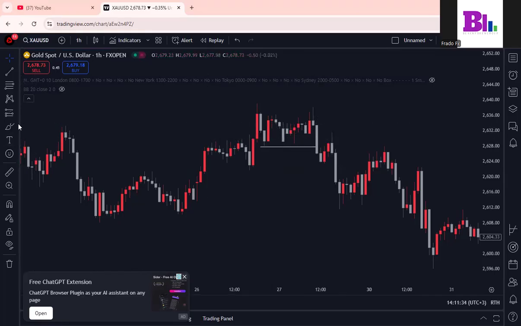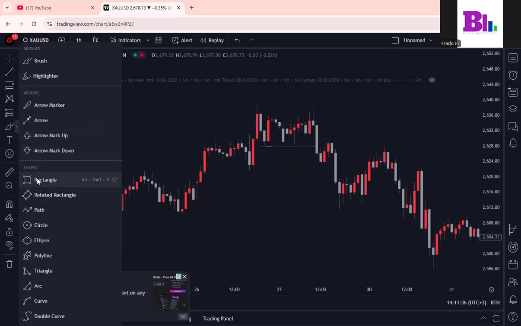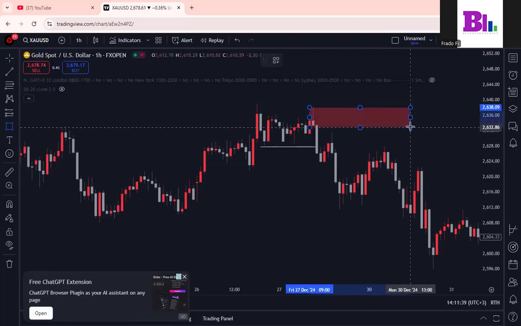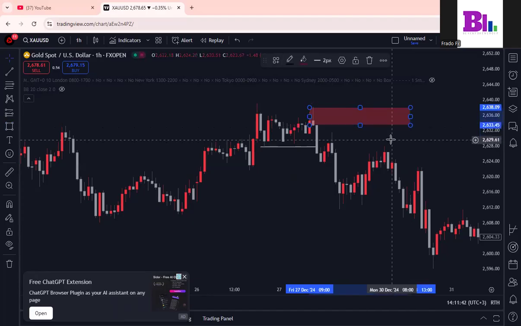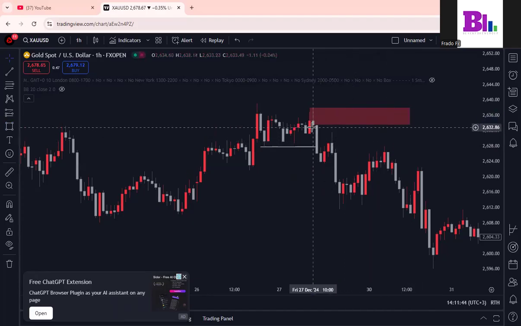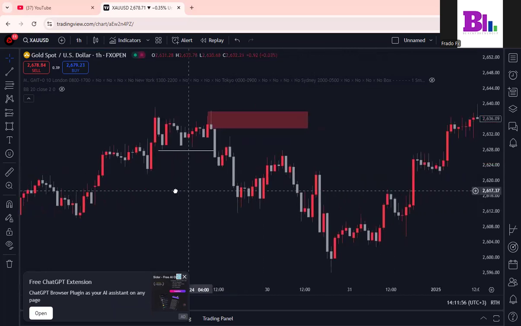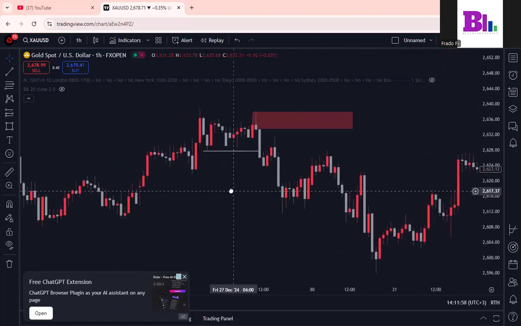Let me show you in a few seconds. This is the last white candle. Why? After this candle, you can see what happened. Price went down, and when it was going down, it created imbalance. Then we have another one here.